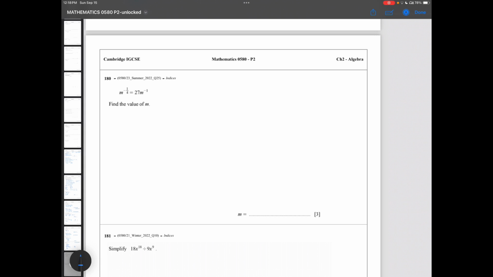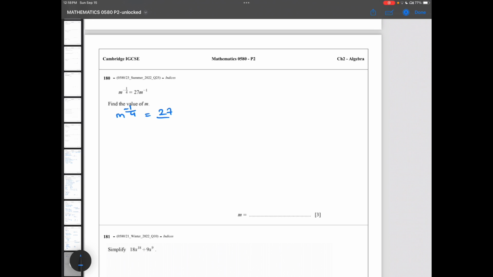So m to the power minus 1 upon 4 is equal to 27 m to the power minus 1. m has a negative 1 power over here, so in order to make the power positive, I will move it to the denominator. This becomes m to the power 1. Now m is being divided on the right hand side. If I shift this m to the left side, it gets multiplied with m to the power minus 1 upon 4.